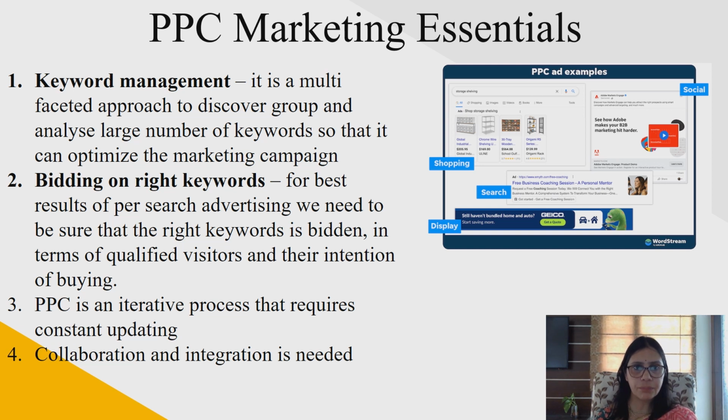Or maybe if he's buying a set of furniture, a dining table or a sofa set, what kind of keyword is he going to type? If you are able to identify that quite well, you will be in a better position to bid on such keywords which are the most happening of all, most cited of all.